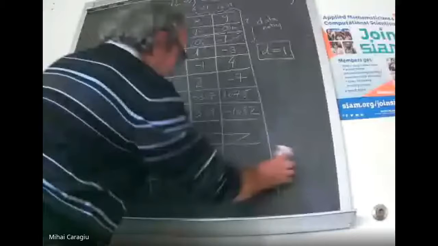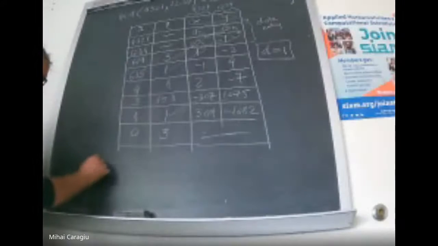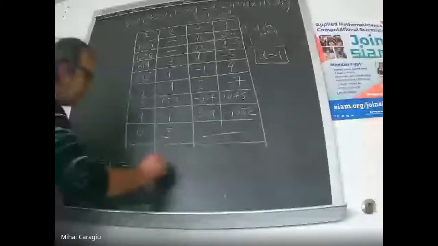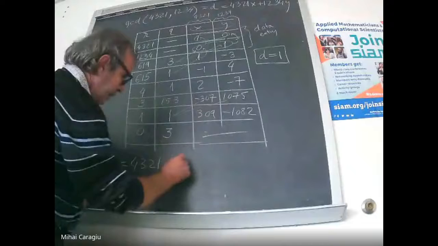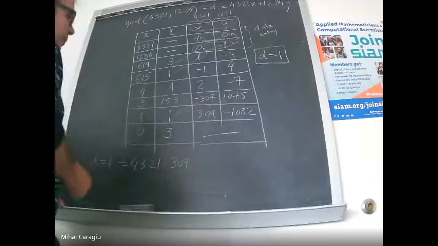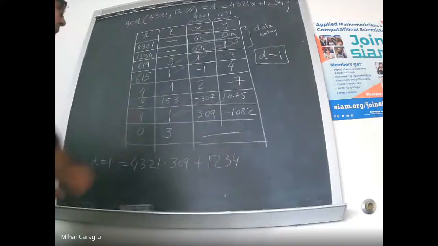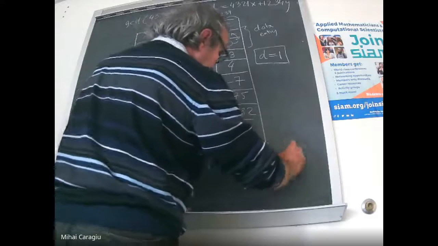And the conclusion is that D, which is 1, is 4,321 times x, the value of x here is 309, plus 1,234 times the y value from here, which is minus 1,082.